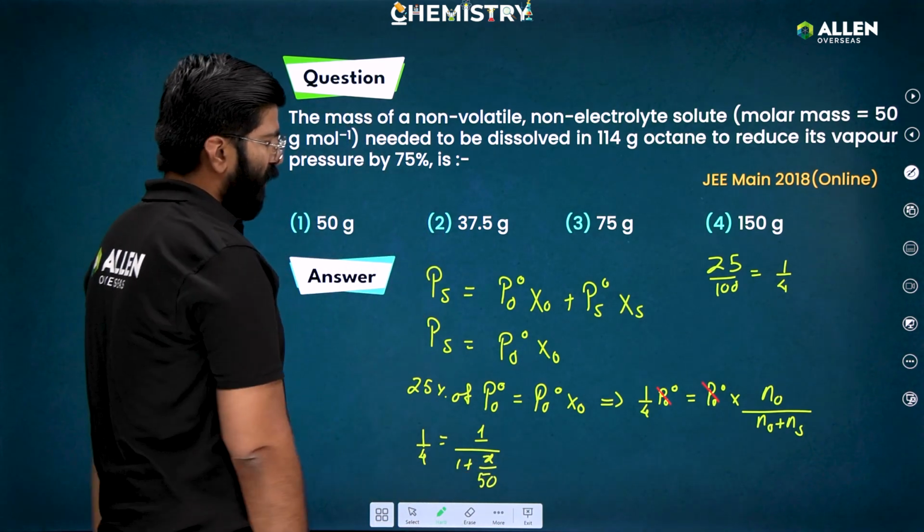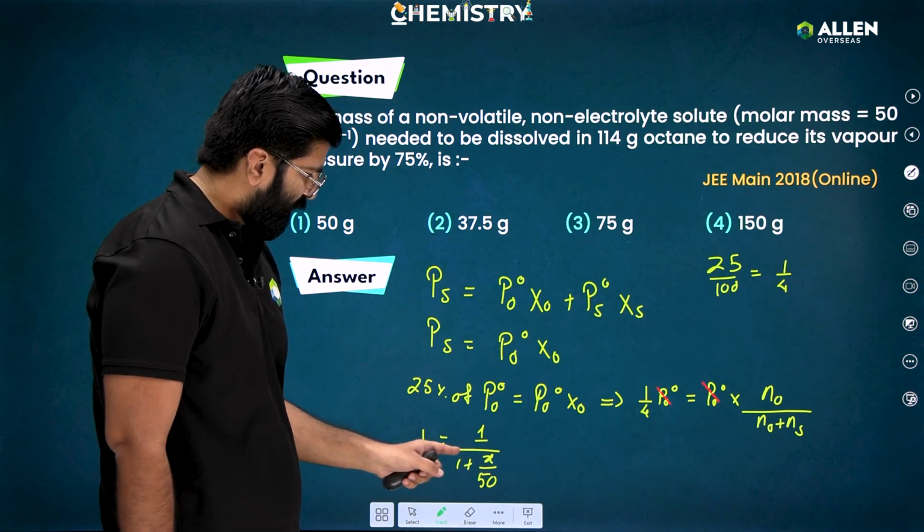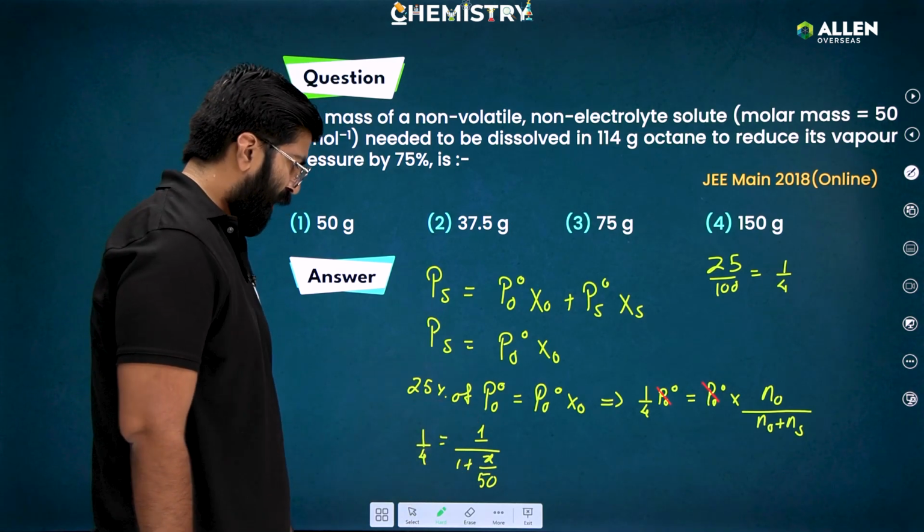Once you solve this, I multiply by 50 so that 50 comes on the top.